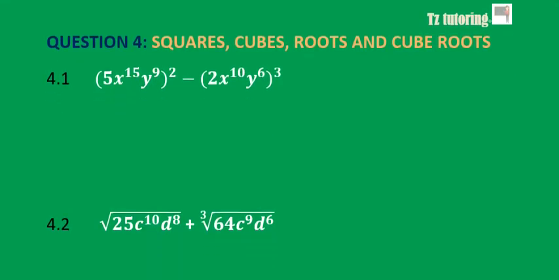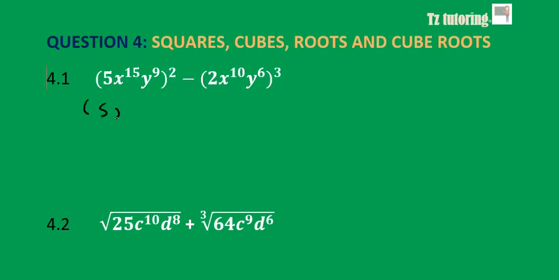All right, let's come to cubes and squares, and then also roots and square roots and cube roots. Okay, so to simplify, we can expand. So if we expand, remember the square means we need to expand it twice.